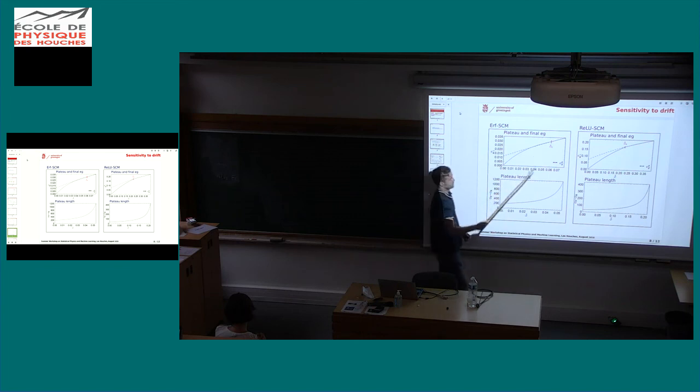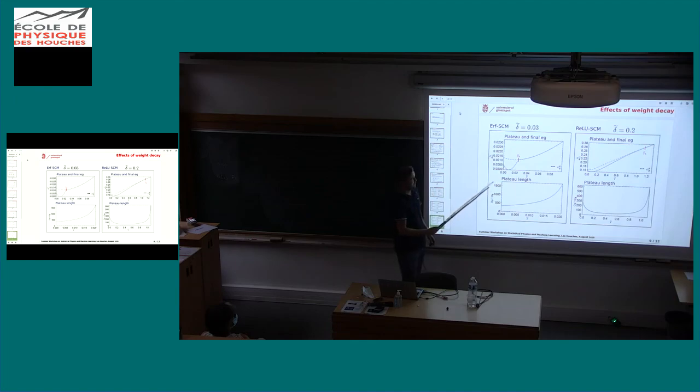And for both SCM there is a critical delta at which specialization is not possible anymore. So the student stays in the state where it approximates the drifting teacher. And here we show how the plateau length increases with the strength of the concept drift, which for both SCM diverges up to this value delta C.